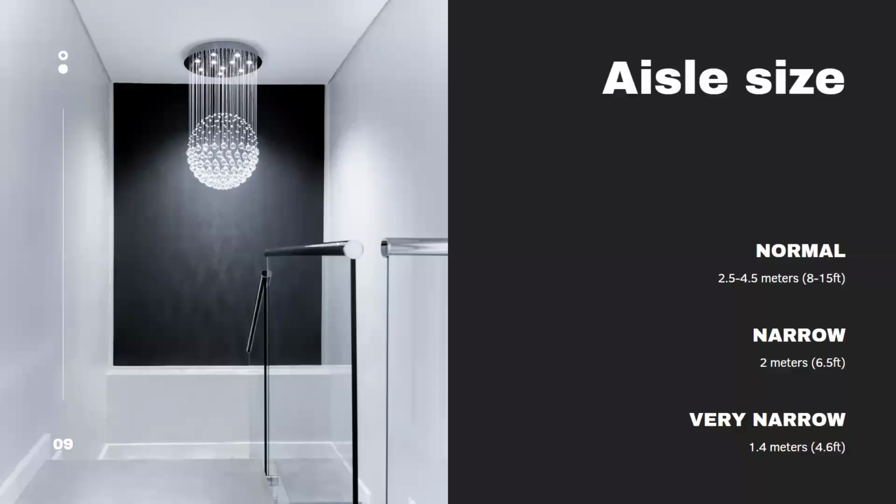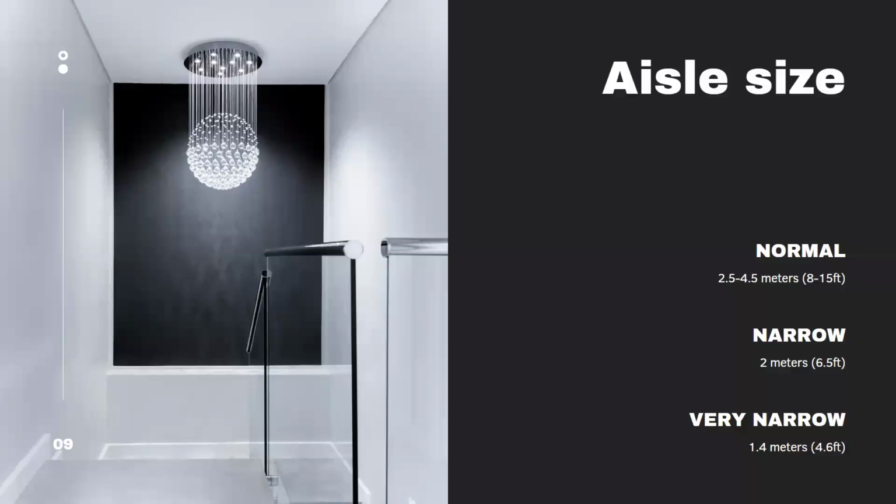So for normal aisles, the width could be from 2.5 to 4.5 meters, or 8 to 15 feet. In the exam, they may ask you about the width in meters or in feet, so you need to remember both of them, right? With normal aisles, we can use the counterbalance forklift.